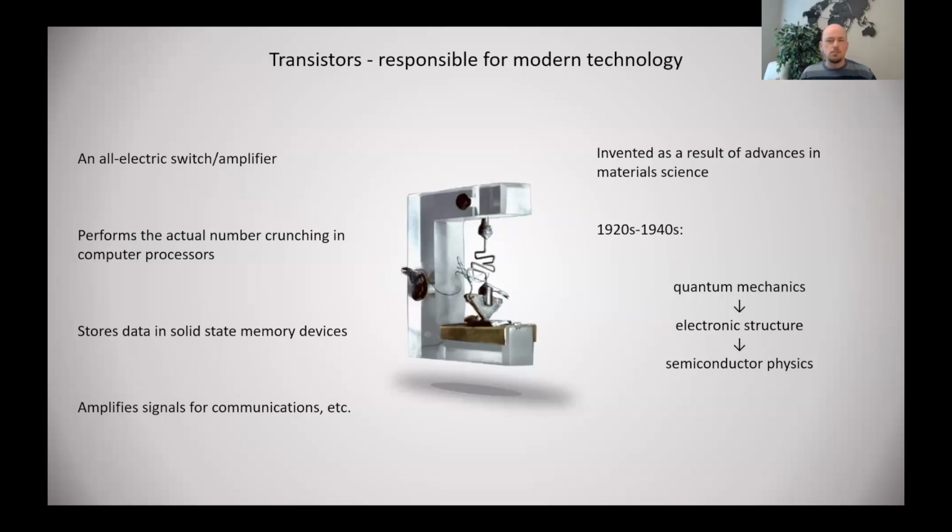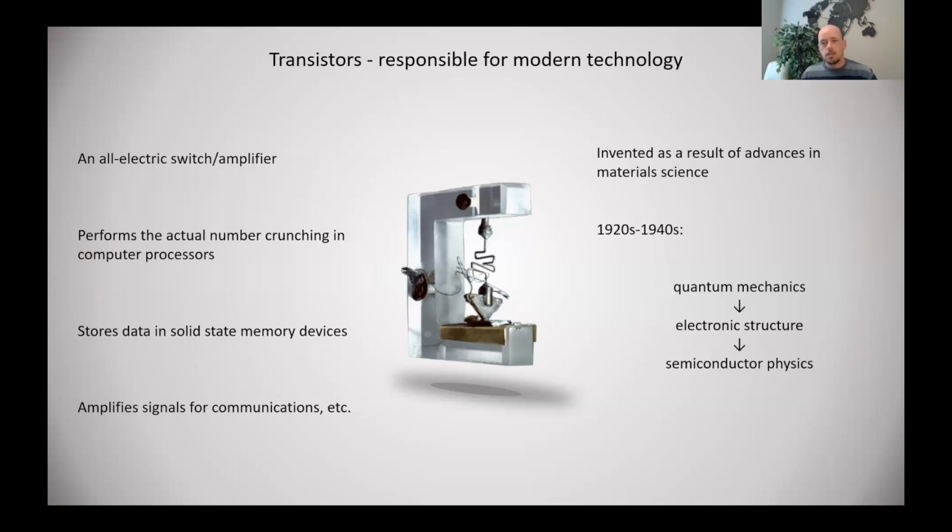And I won't go into too much detail regarding what a semiconductor is, but transistors are made out of semiconductors, and they rely on the physics of a semiconductor being able to tune how well a semiconductor conducts electricity via electric fields or doping of atoms or injection of carriers.